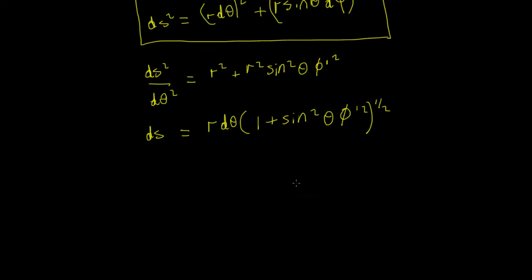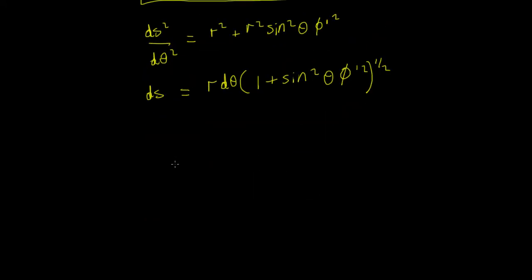Now we're ready to do our calculus of variations. If we write down the functional, it would be the integral from some point A to B of a function of our independent variable theta.